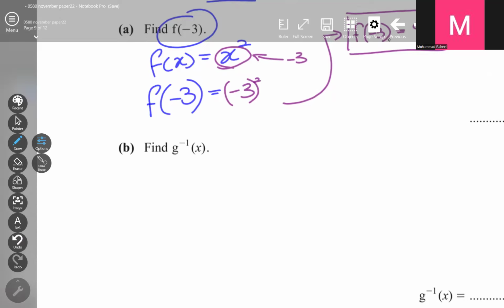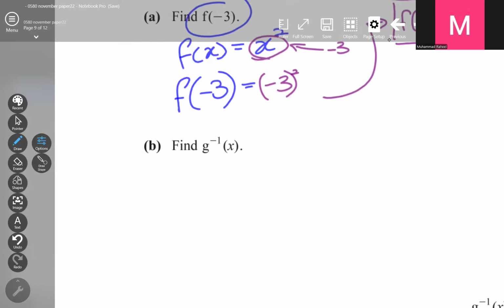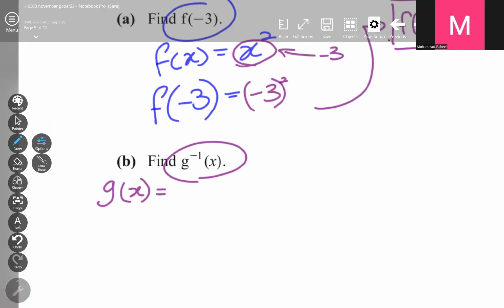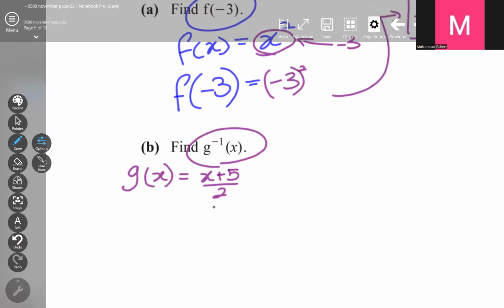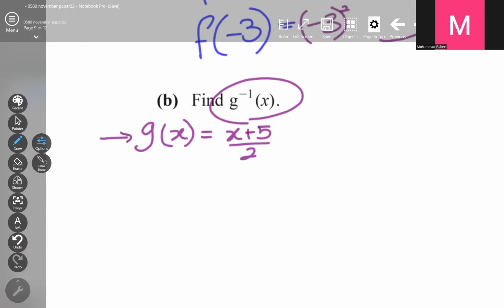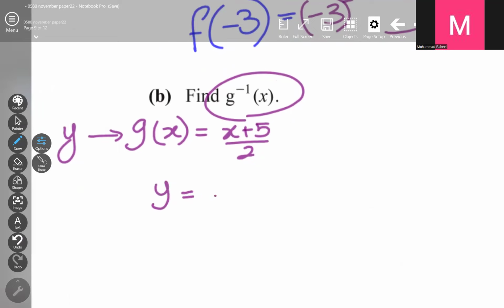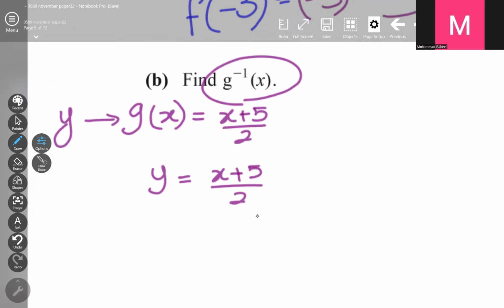Now, g inverse of x. So now we know that g of x is equal to x plus 5 over 2. We can also use y, so we replace y equals x plus 5 over 2.